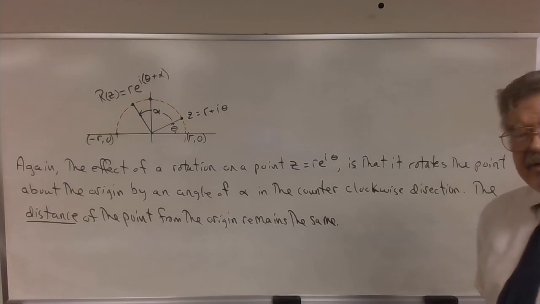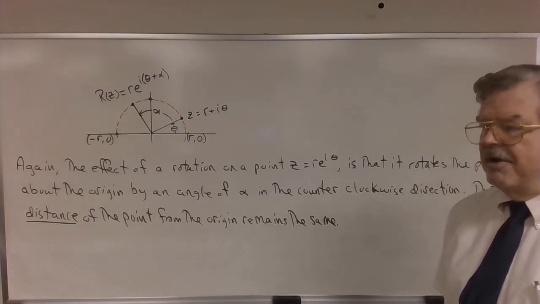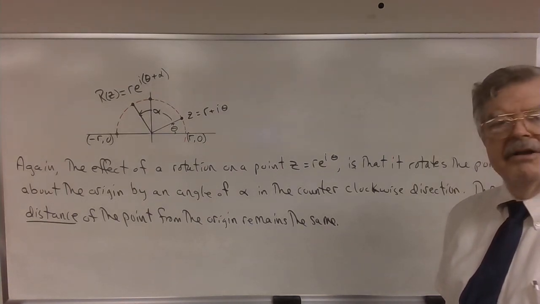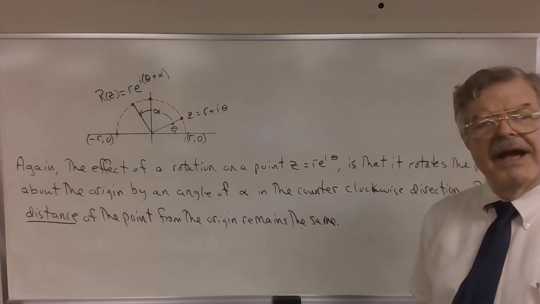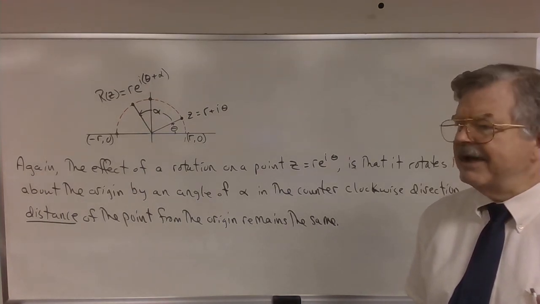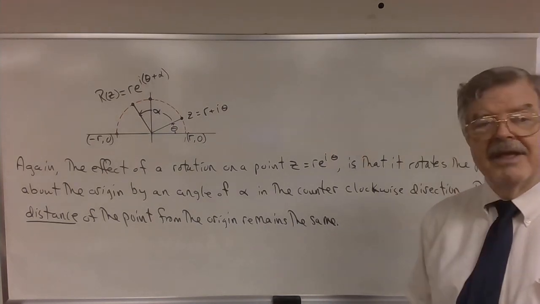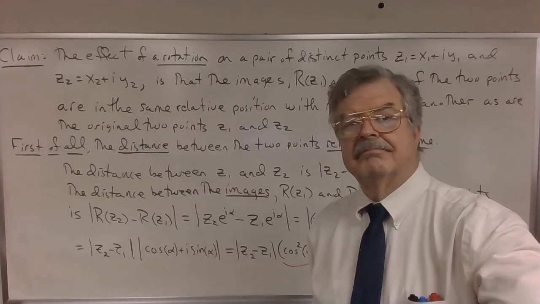Now, is that all that we can say about a rotation? No. We have to address what a rotation does to an entire region. Just exactly how does a rotation affect the size and the shape of a region? And we will talk about that next.